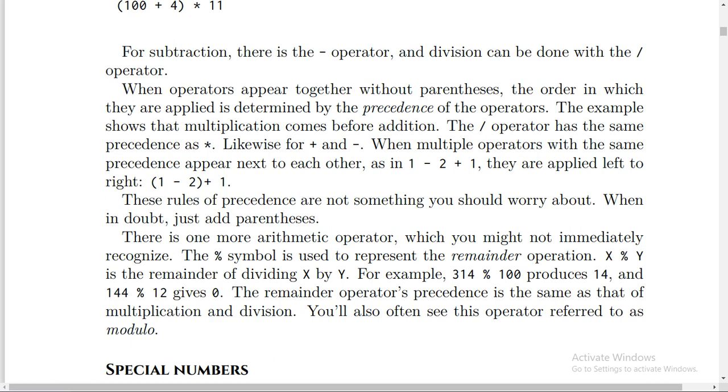For example, 314 % 100 produces 14, and 144 % 12 gives 0. The remainder operator's precedence is the same as that of multiplication and division. You will also often see this operator referred to as modulo.